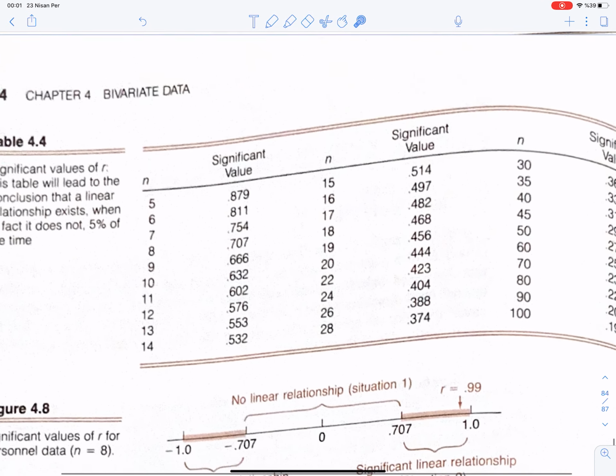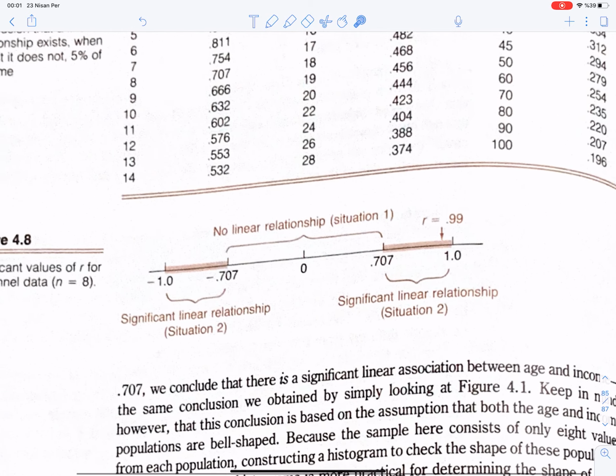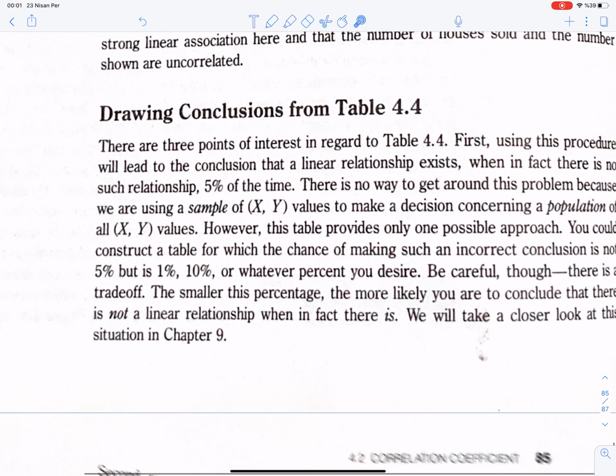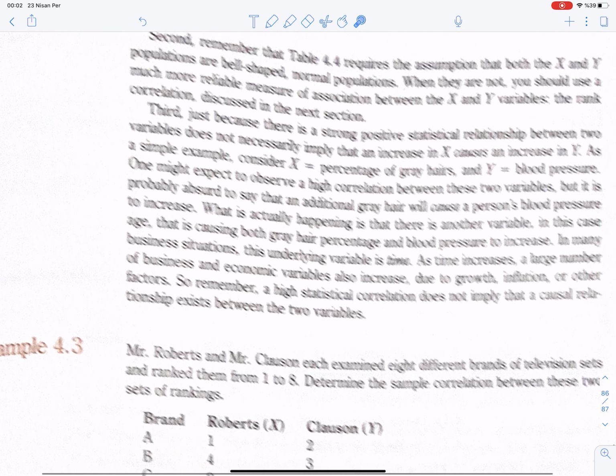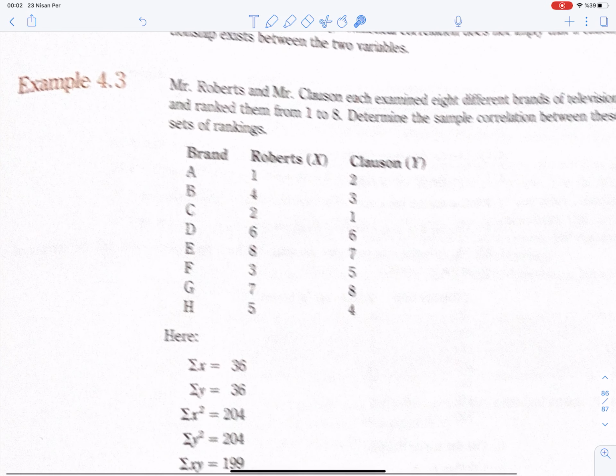As I told you, one of the most significant conclusions from this table is that if you have very few observations, you tend to find the Pearson correlation to be large, which in fact shouldn't be the case. Read all this yourself and draw the conclusion from 4.4, and let's get back to another example.